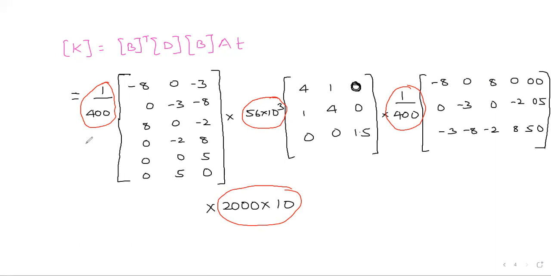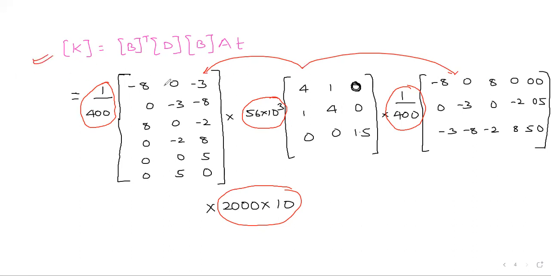We will multiply and divide whatever the outside factors are, and write them outside. Now the remaining task is to multiply these three matrices. Once you complete this multiplication of the three matrices, you are going to get our stiffness matrix.